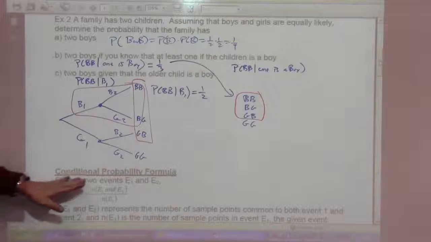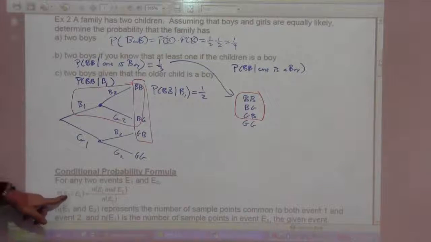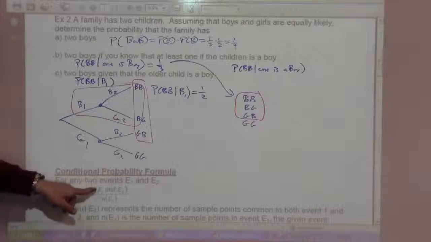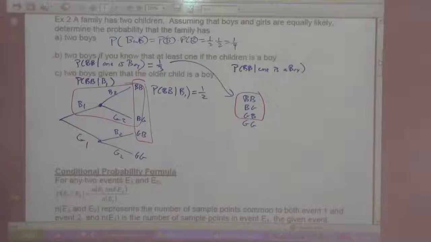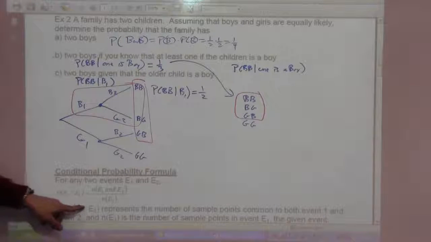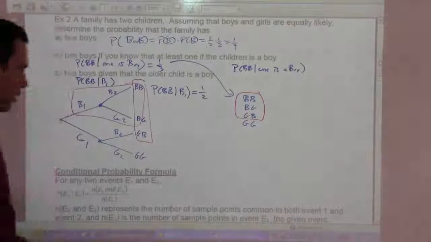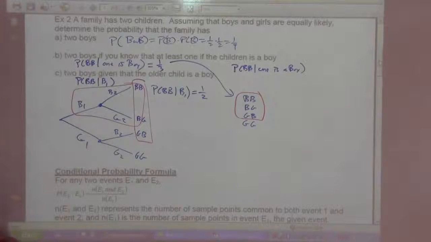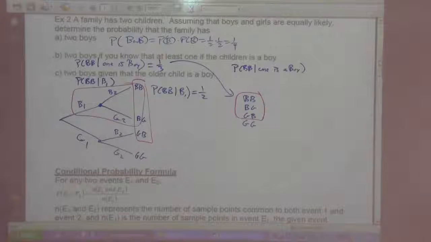Okay, conditional probability formula. For any 2 events, E1 and E2, the probability of E1 given E2 is the number of ways E1 and E2 can occur over the number of ways E2 can occur. So n of E1 and E2 represents the number of sample points common to both event 1 and event 2, and the number of E2 is the number of sample points in the given event.